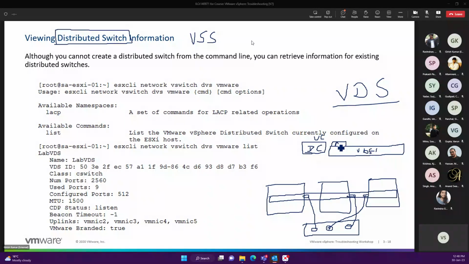Let's say EG1, port group 1. Automatically we get it on all 30 or more ESXi hosts. So it simplifies your network a little. In the vCenter Server you are doing all the configuration, and the vCenter Server applies it to all the connected ESXi hosts.